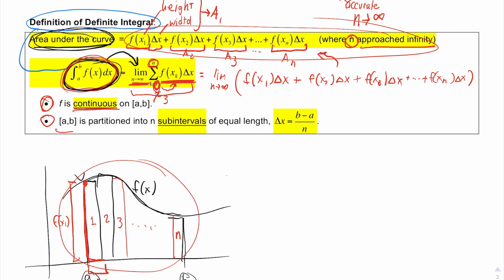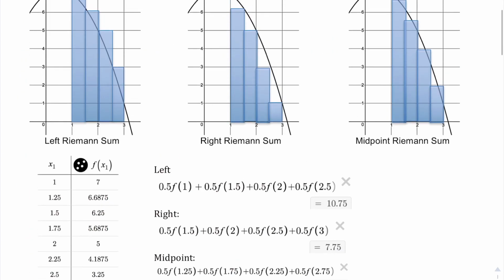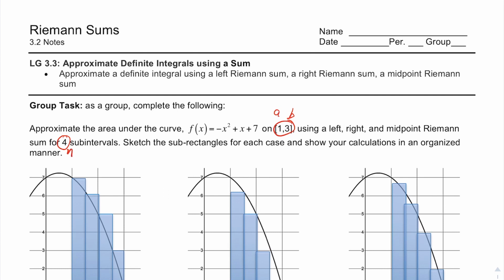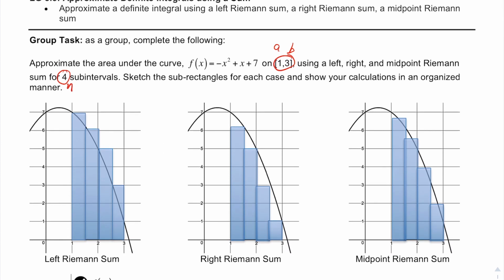So if you have an interval a to b and you have n subintervals, then you can find that the width is equal to this formula, okay? Now let's remind ourselves of a previous problem right here. We had interval a to b with 4 subintervals n, and what we found was that the width of each rectangle was 0.5. We can do that by finding the total distance.